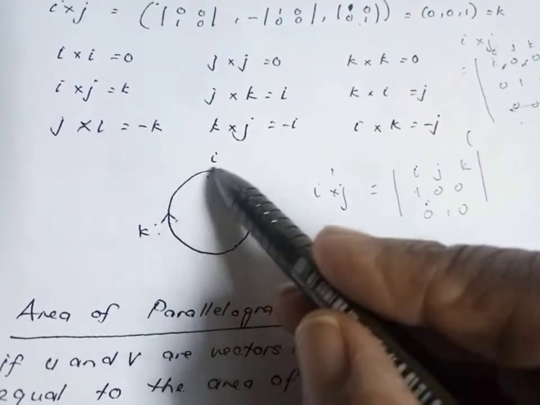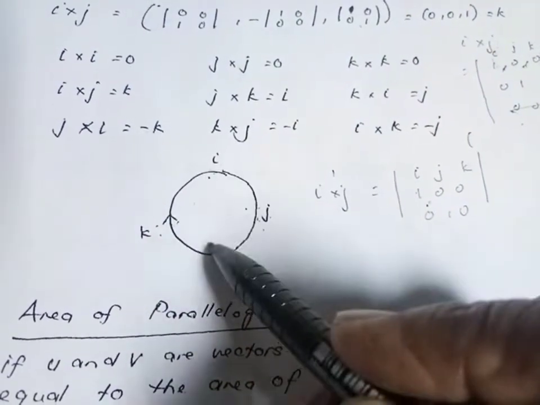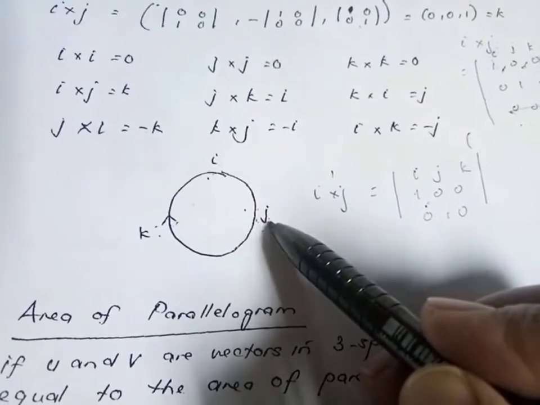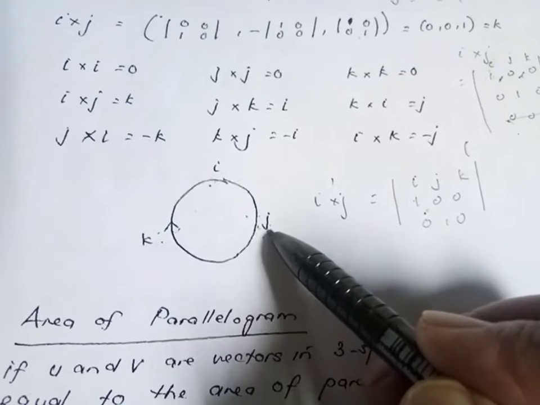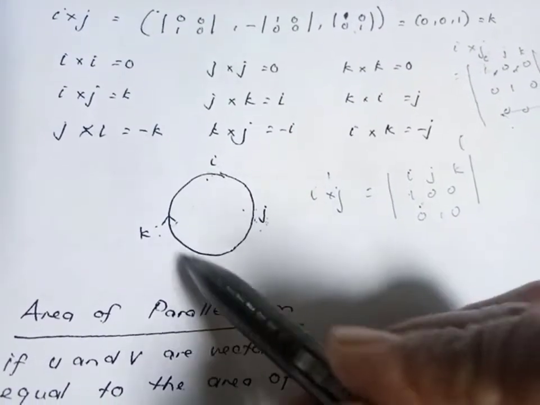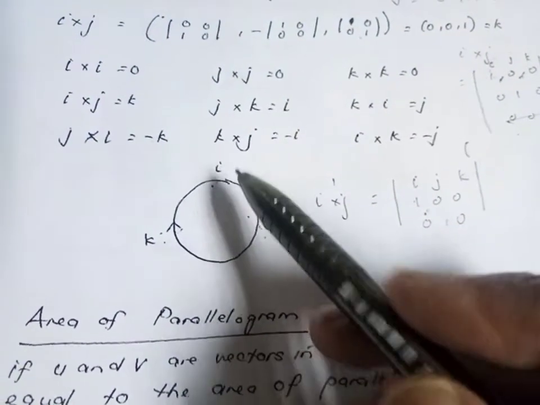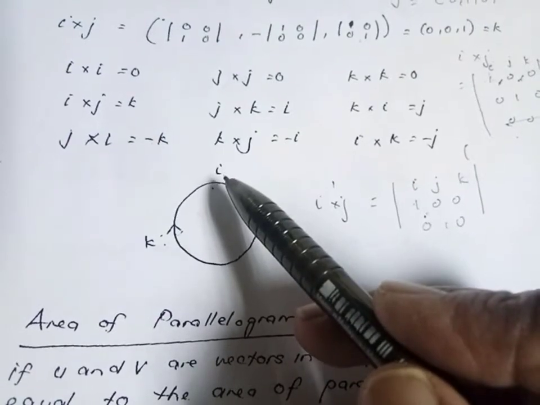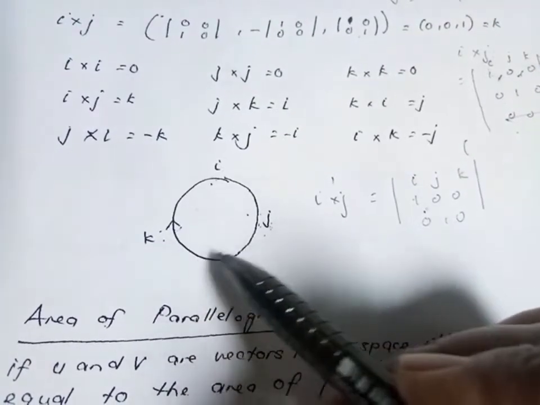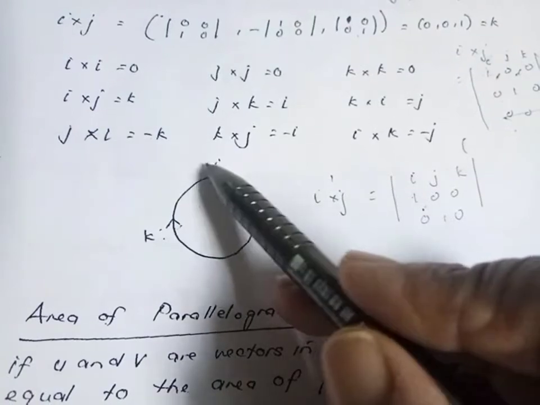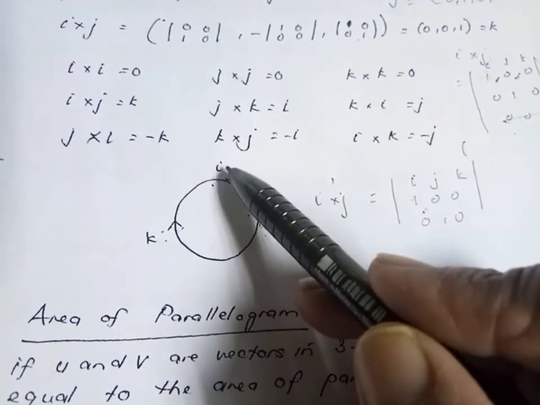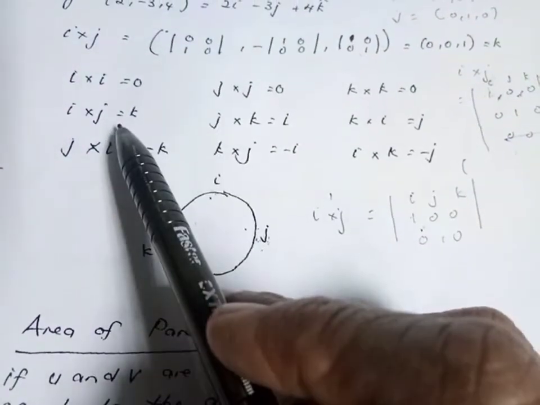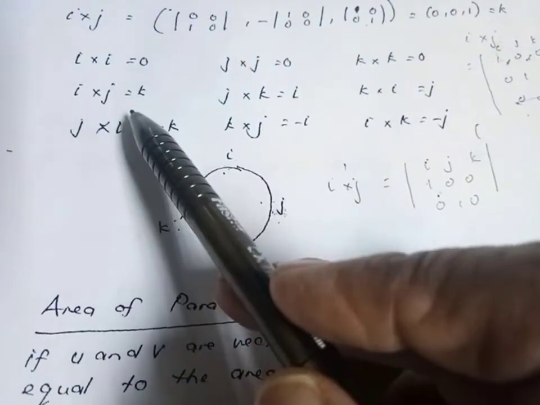Using a clockwise rotation, i cross product j becomes k. k cross product i becomes j. j cross product k becomes i, and so on. But if we cross product anti-clockwise, it becomes negative. i cross product k becomes negative j. j cross product i becomes negative k. So this is what we get.